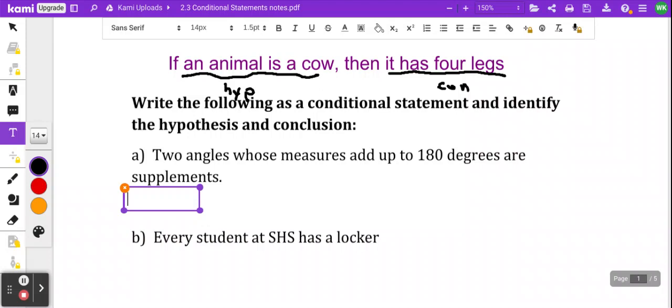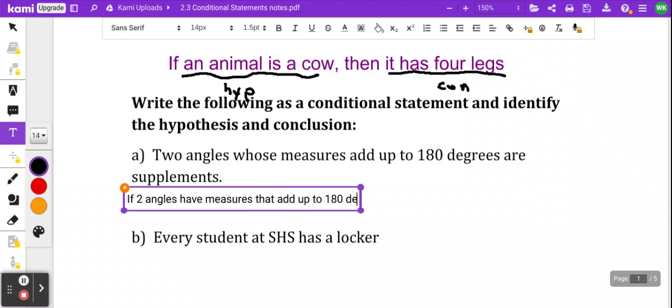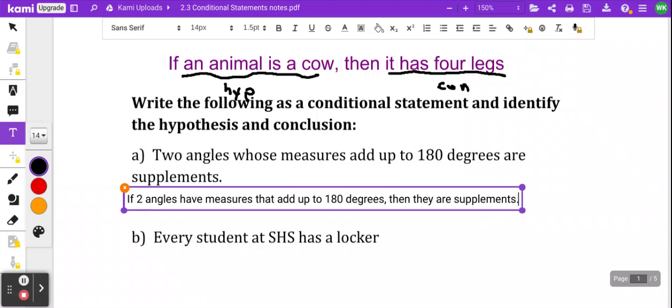So it will be: if two angles have measures that add up to 180 degrees, then they are supplements. If you want, you can pause this video and take a minute and try example B.